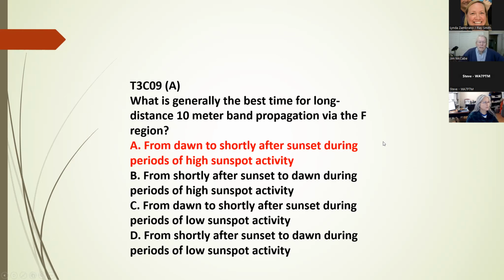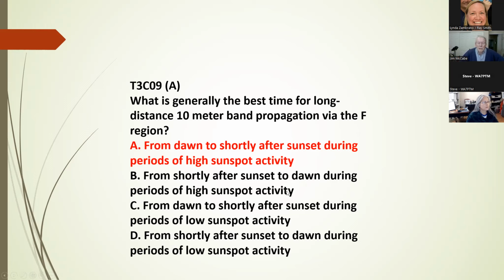Which is generally the best time for long distance 10-meter band propagation via the F region? Again, not having any experience in long distance 10-meter band propagation, I don't know the answer from personal experience, so I would have to memorize this one. From dawn to shortly after sunset during periods of high sunspot activity. So there's a lot built into this.